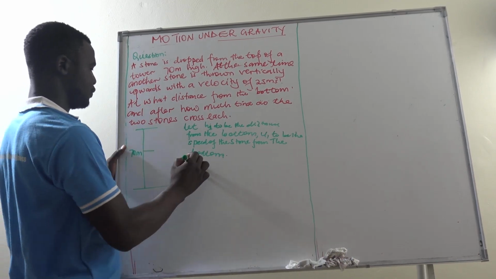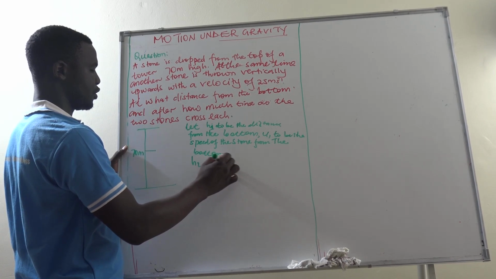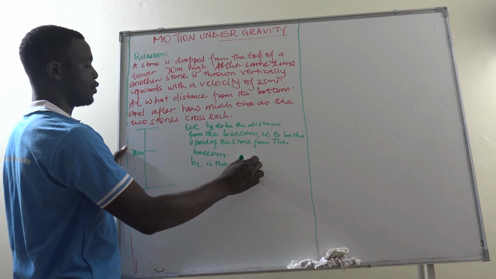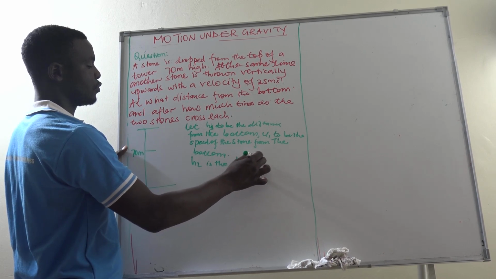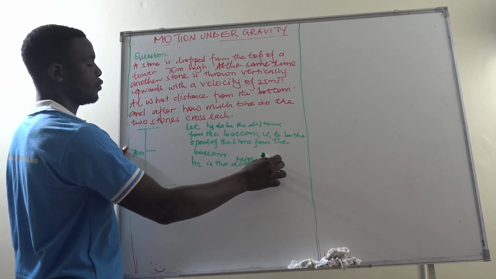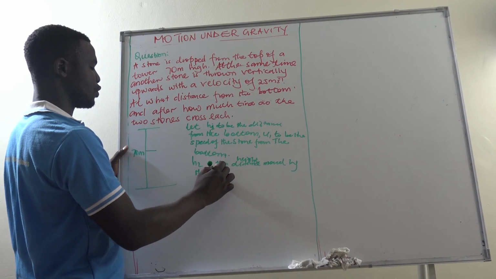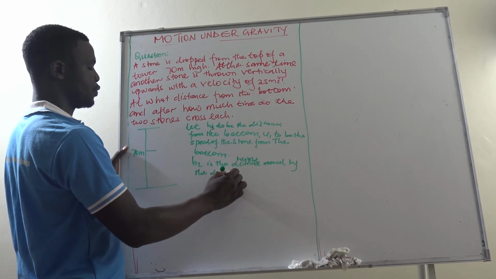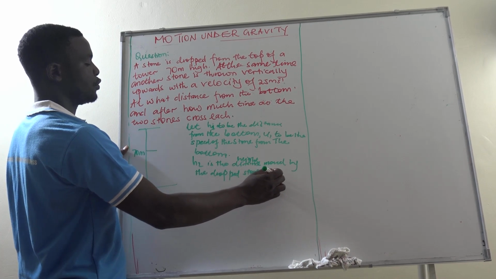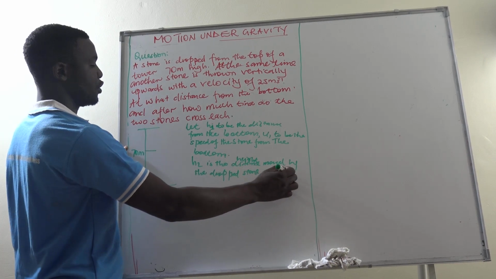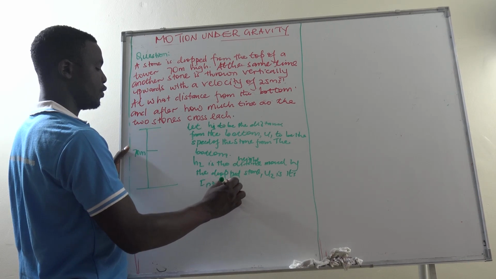Then also H2 is the distance or the height moved by the dropped stone. And U2 is its initial velocity.